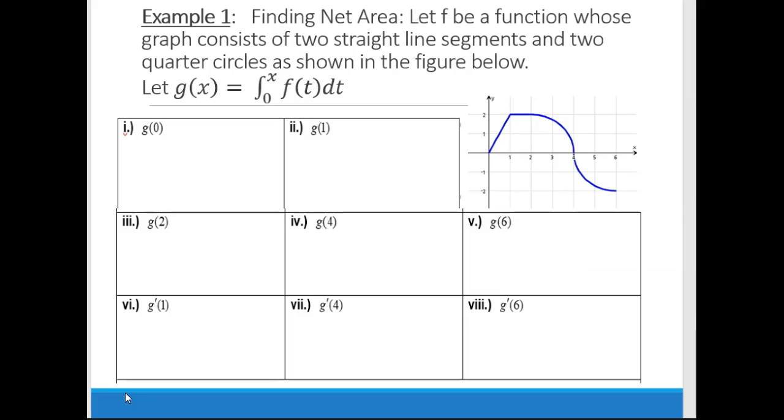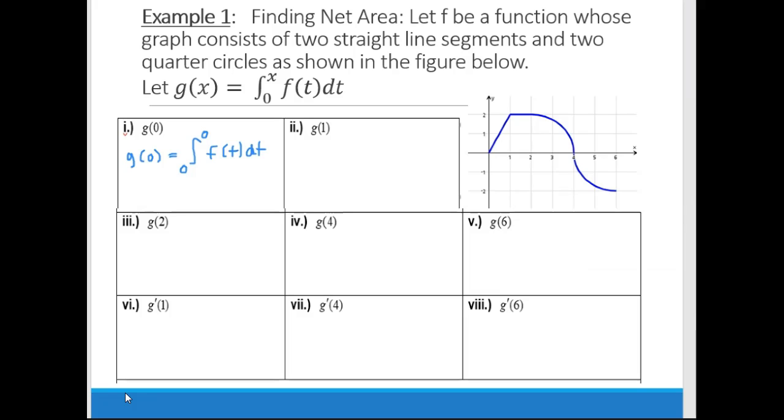If we want to find g of 0 in terms of this problem, g of 0, according to our definition, is equal to the integral. It starts at 0. Our x, or value we're looking for, is 0. So we want to find the integral from 0 to 0 of f of t dt.